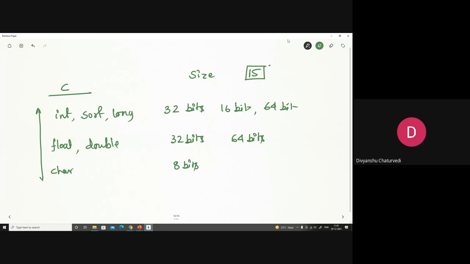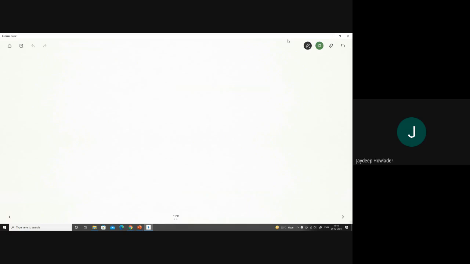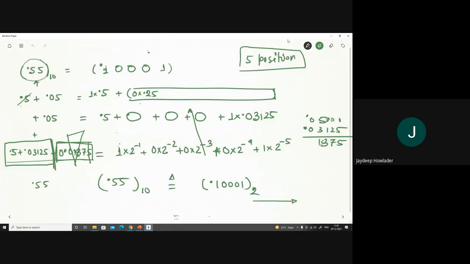Yes, sir. So let me take a little bit of time. This process also explains how I can convert a decimal floating point number to a binary floating point number. In this case you have to remember the positional values: 0.5, then 0.25, then 0.125, and then many more.